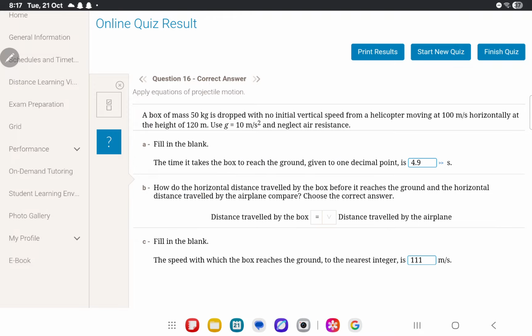Now that this has been established, there is no horizontal acceleration, and we have no initial vertical speed. So we're only concerned about the horizontal speed. So Vx is URM.